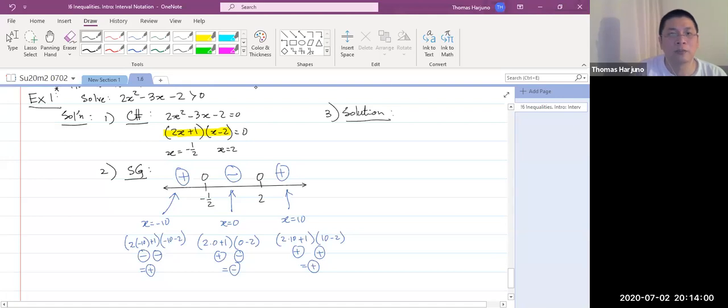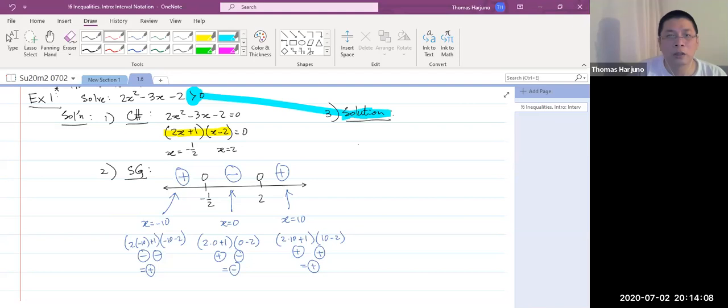I need a positive branch, greater than 0. Okay, so I need the parts that give me positive in that interval. So that would be negative infinity up to negative 1/2, union 2 to infinity.